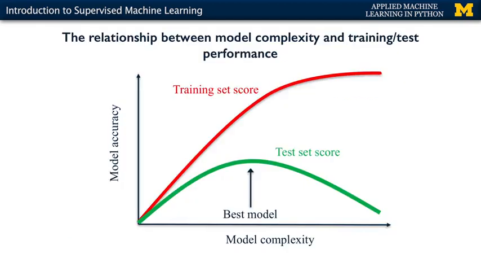One consistent pattern you'll see as we look at all these different methods is the relationship between model complexity and model accuracy, as shown in this plot. The relationship is different depending on whether the classifier performance is measured on the training set, what is labeled here as training set score, or on the test set, labeled here as test set score.